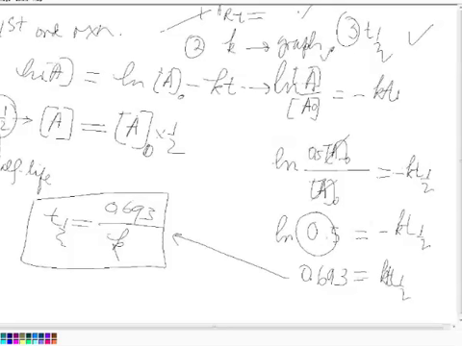Now our purpose in learning is to get all of these for second order. Let's go to second order reaction.